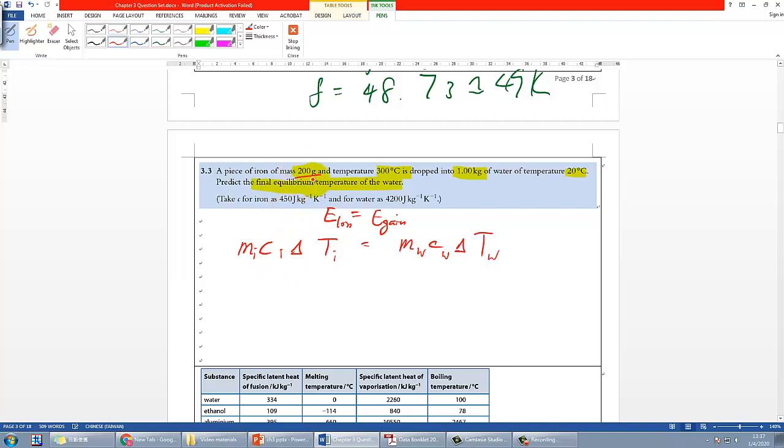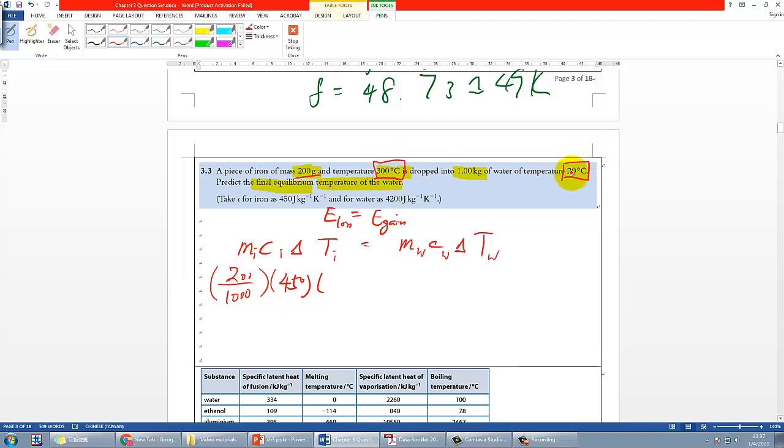This is the mass of the iron, which if you convert it, will be 0.2 kg. If you are not familiar with maths, then you can do 200 divided by 1000. For c, it is given as 450. Delta T, again, is final minus initial. Take a look here: the temperature of the iron is 300 and water is 20.